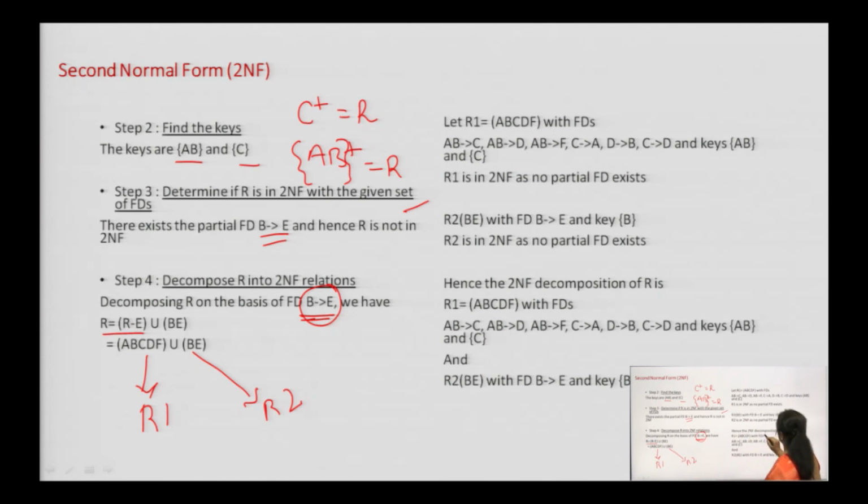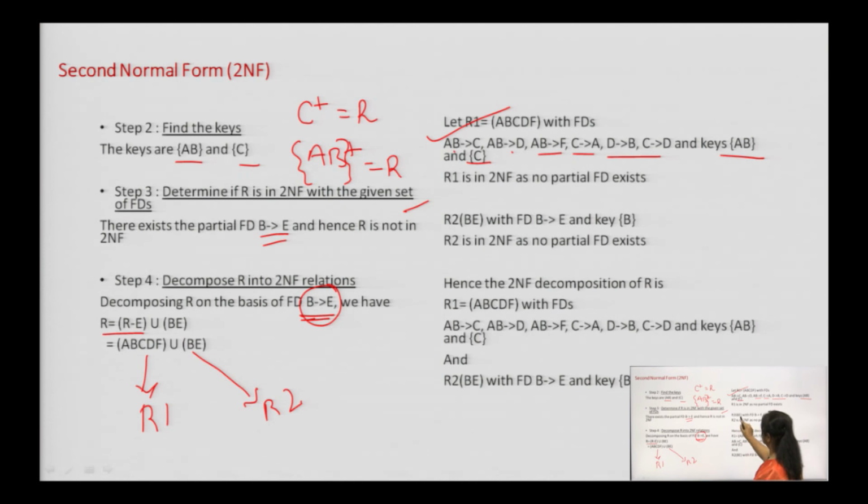If we compute the key, then the key will be A, B and C. R1 is in 2NF, no partial functional dependency. So, we say R1 is in 2NF.